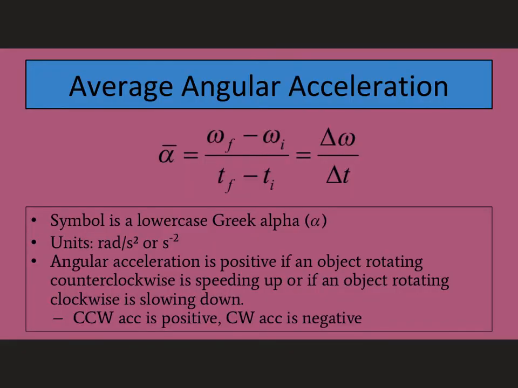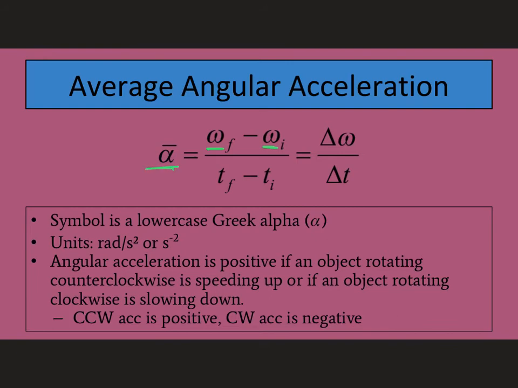Then we have our angular acceleration, and similar to how our translational acceleration is change in velocity over change in time, our angular acceleration is change in angular velocity over time. And our symbol for angular acceleration is a lowercase Greek alpha.